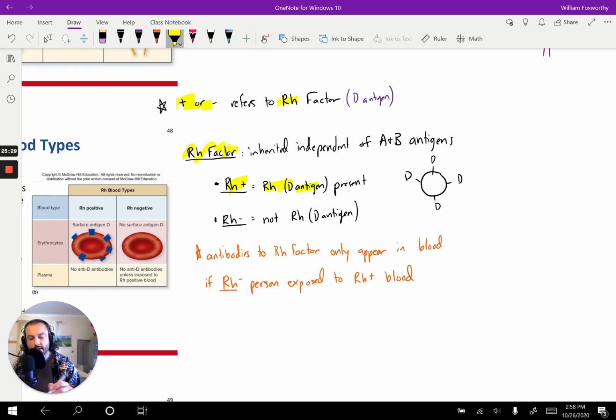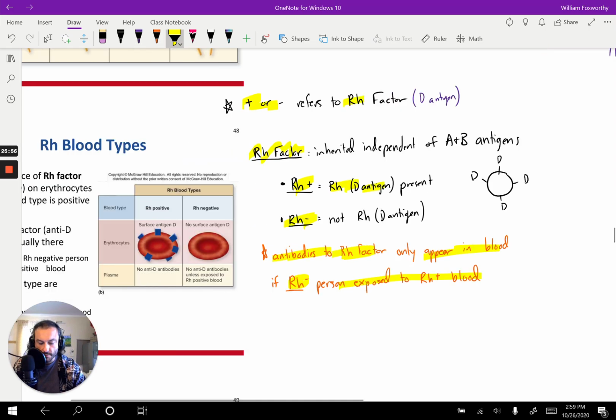If you're Rh negative, that means you do not have the Rh antigen. The thing that is different about this is that the antibodies to that Rh antigen only appear in the blood if you are Rh negative and you've been exposed to somebody with Rh positive blood. So those antibodies are not normally floating around.